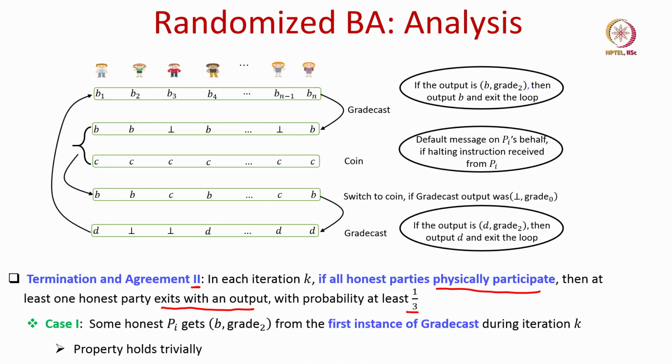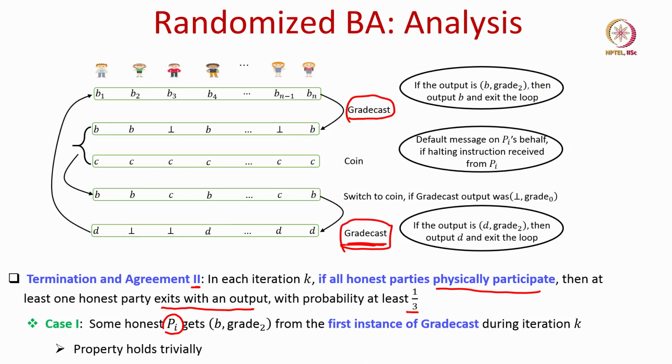So, there are two possibilities here. Suppose Pi is an honest party who obtains the highest grade output during the first invocation of Gradecast during iteration number k. Then with probability 1 everyone will terminate at the end of the same iteration.